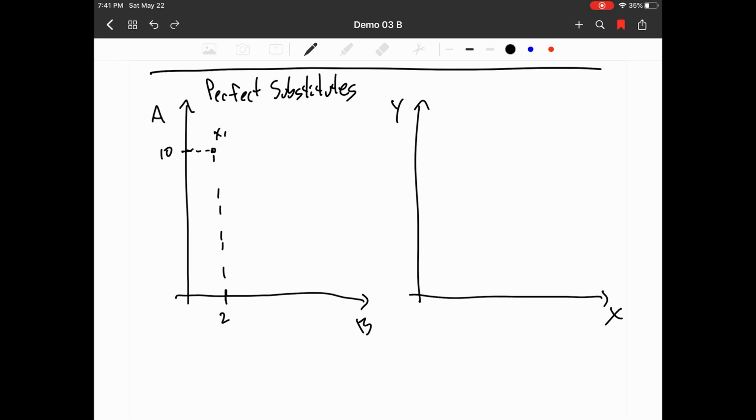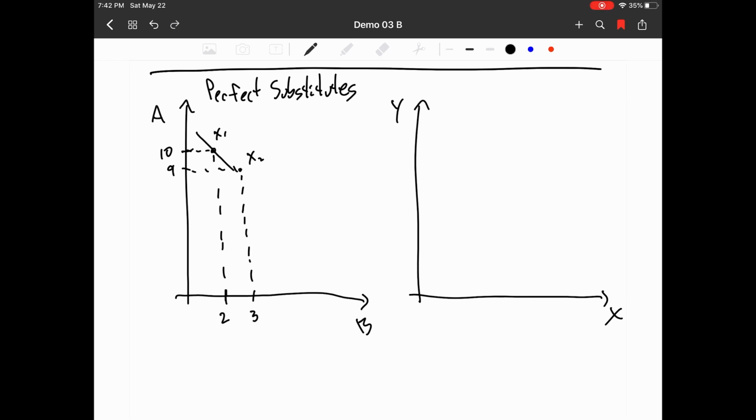If A and B are perfect substitutes, when I give up 1 unit of A and we go to 9, how many more of B will I need? Well, just 1. So we go from 2 to 3 for B, and from 10 to 9 of A. This is x2.